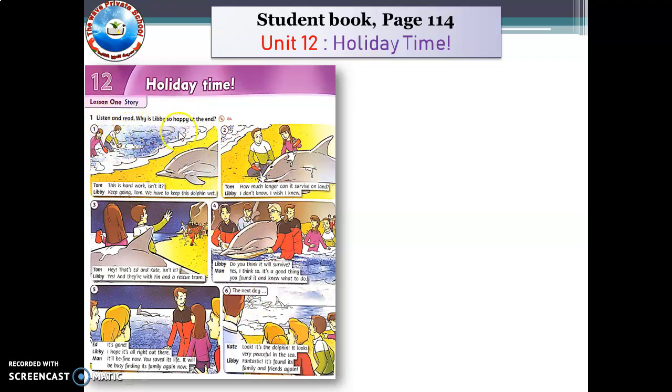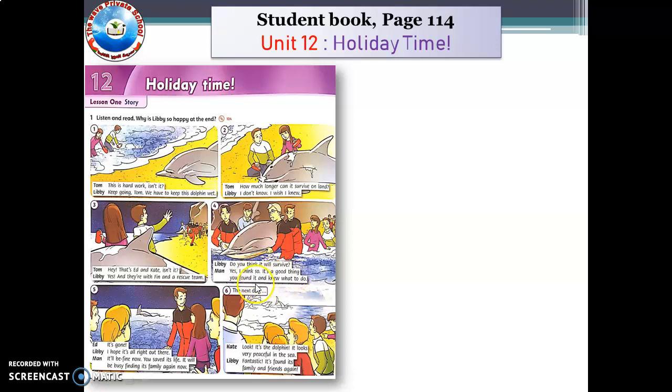Why is Libby so happy at the end? What happened to the dolphin? Tom: So, this is hard work, isn't it? Libby: Keep going, Tom. We have to keep this dolphin wet. Tom: How much longer can it survive on land? Libby: I don't know. I wish I knew. Tom: Hey, that's Ed and Kate, isn't it? Libby: Yes, and they're with Finn and a rescue team. Libby: Do you think it will survive? The man answered: Yes, I think so.